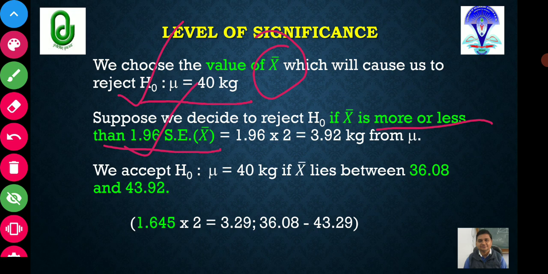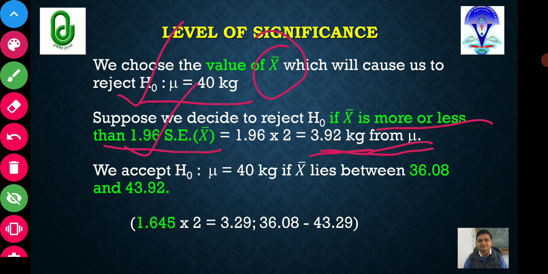It was 2. So 1.96 into 2 is equal to 3.92 kg from the mean. How this 1.96 value is coming, we will be seeing in the next slide. As of now, just remember we have taken a value of x bar as 1.96 into standard error, above or below which we will be rejecting the null hypothesis.